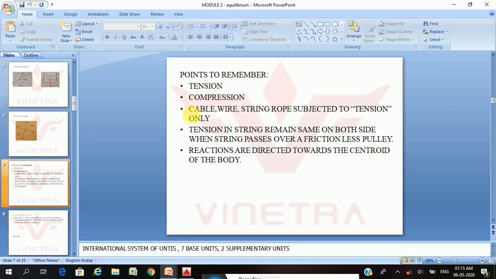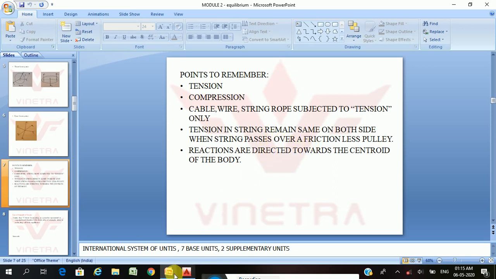So again I will explain. Cables, wires, strings and ropes are subjected to tension only. The tension in the string remains the same on both sides when a string passes over a frictionless pulley.